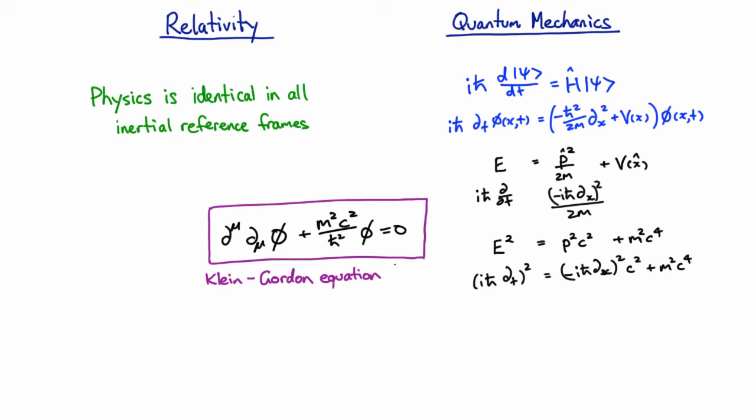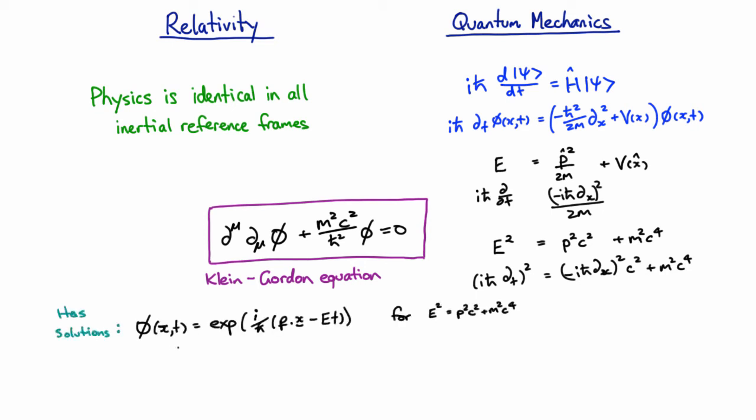Let's have a look at what kind of solutions the Klein-Gordon equation has. It's fairly easy to show that, just like the normal Schrödinger equation, it has plane wave solutions. At first glance that's quite reassuring, because this is the same functional form of wave solutions as for the non-relativistic Schrödinger equation, except that the energy now has the correct special relativistic relationship between energy and momentum. So it sounds like we've done very good things.